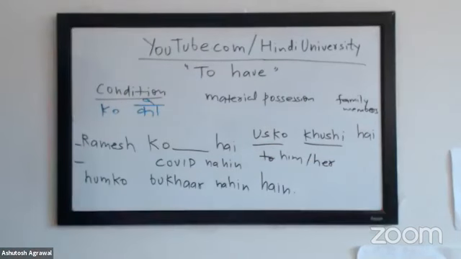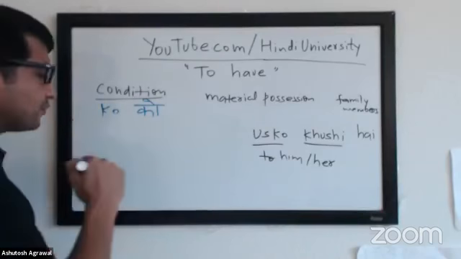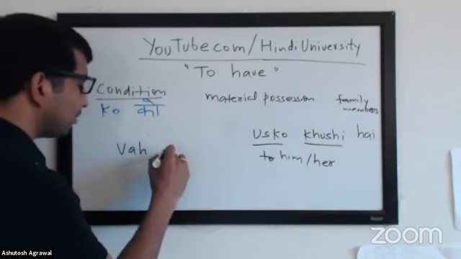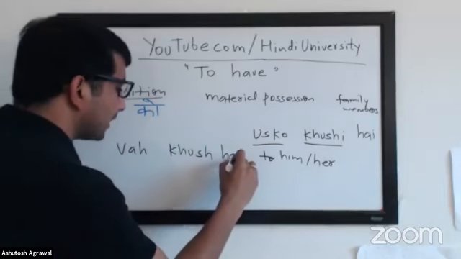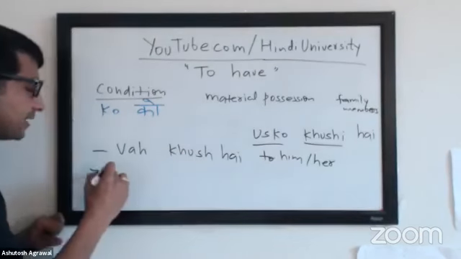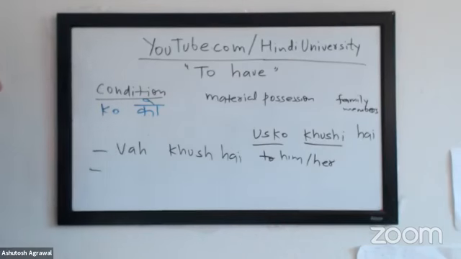So there are multiple ways to say that. The example you have given is grammatically correct. Either you can say वह खुश है, which means he or she is happy. Or the other way is like she's feeling happiness basically.